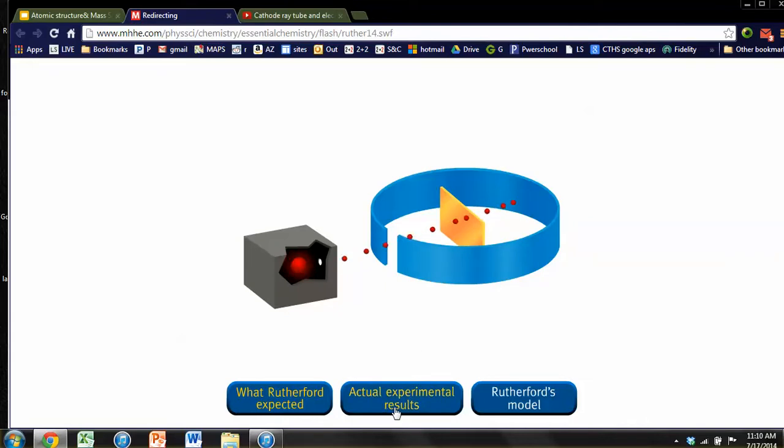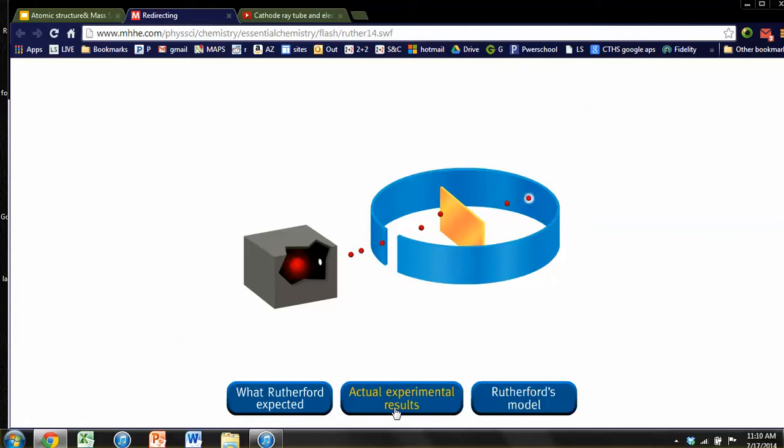Rutherford's actual results observed that the majority of alpha particles penetrated the foil either undeflected or with only slight deflection. Every now and then, however, an alpha particle was scattered or deflected at a large angle. In some instances, an alpha particle actually bounced back in the direction from which it had come.